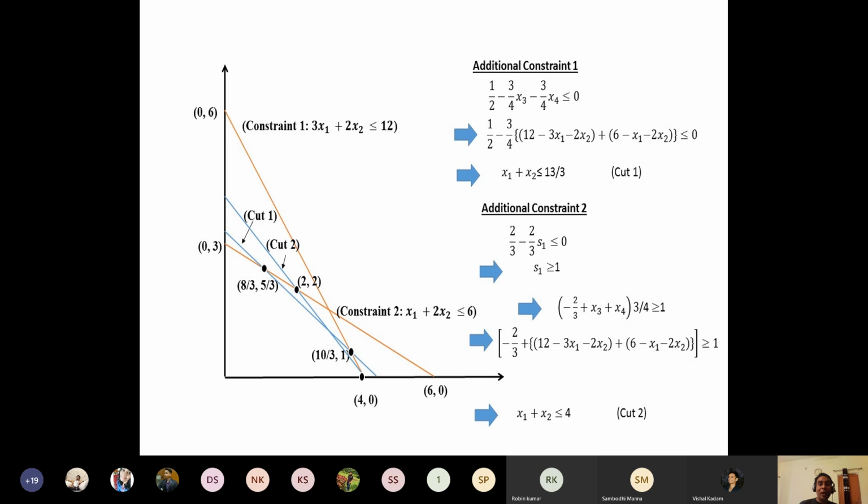That means we can derive the cuts in terms of x1 and x2, but you don't require to derive in terms of x1 and x2 every time, because if the problem moves on, in every iteration we are directly generating the cutting plane from the last simplex table, and it is difficult to calculate every time.